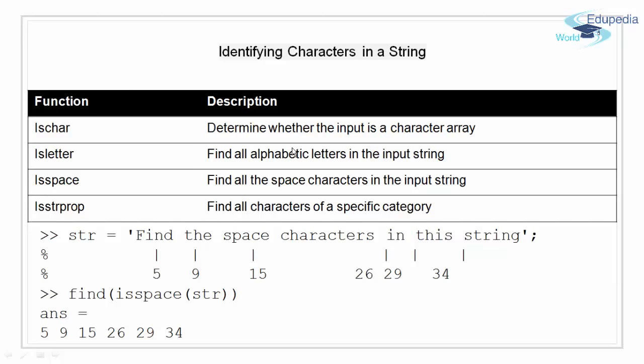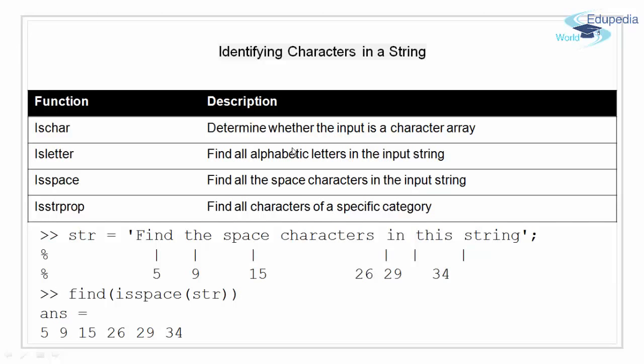Shown in the example here, I'm going to identify all the spaces in the string. The string here is find the space characters in the string, with spaces in between the words. So the spaces between the words are at positions 5, 9, 15, 26, 29, and 34.